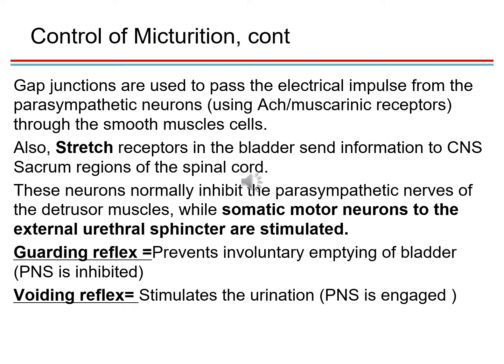And this one is the voiding reflex. The voiding reflex is not just in the internal urethra, it's also in the whole detrusor, because the parasympathetic nervous system produces contraction of the urinary bladder, by which the urine in the bladder is sent into the urethra, and because we have the guardian reflex totally relaxed, we can empty the bladder.